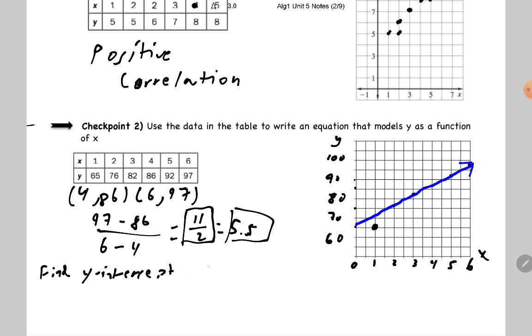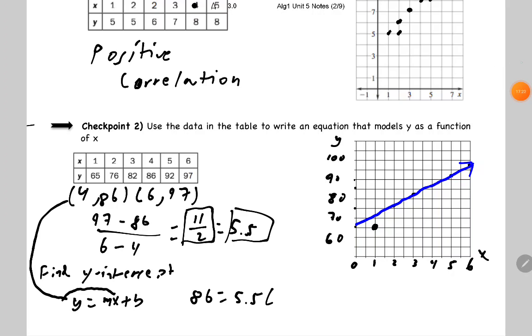Okay. So remember, we have y equals mx plus b. And we have a point. So I'm going to plug this point into my x and y. So y, which is 86, equals m, which we found to be 5.5, times x, which is 4, plus b.